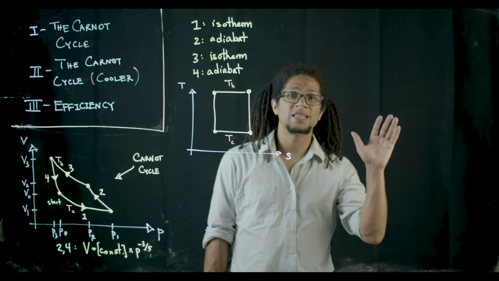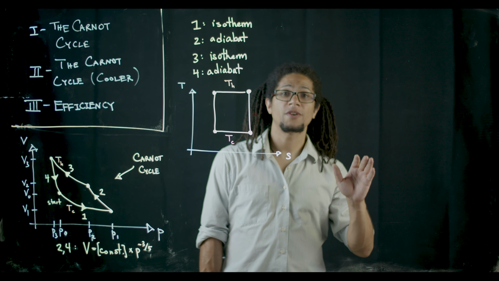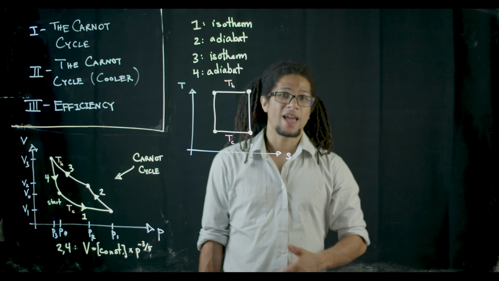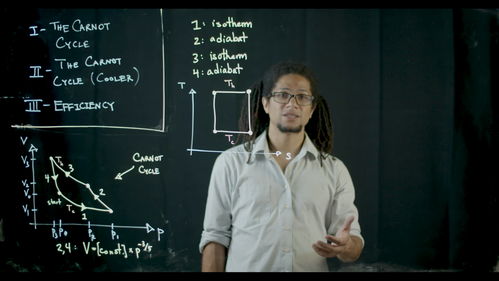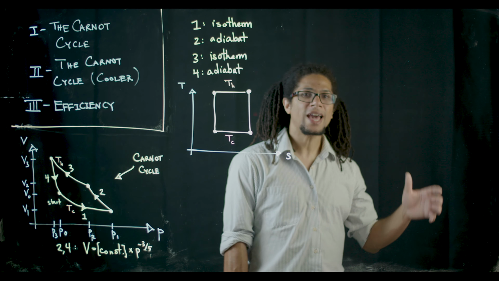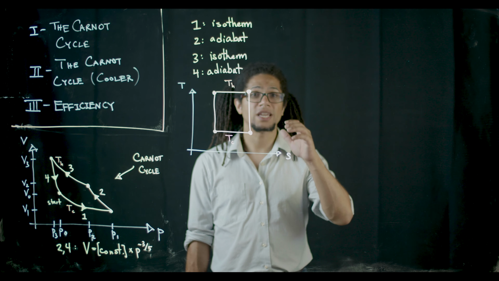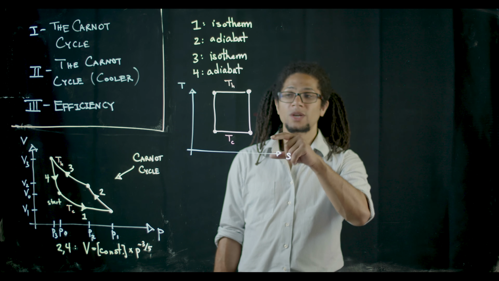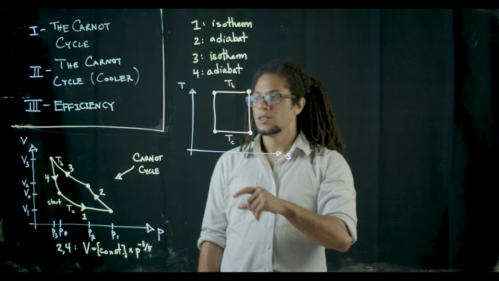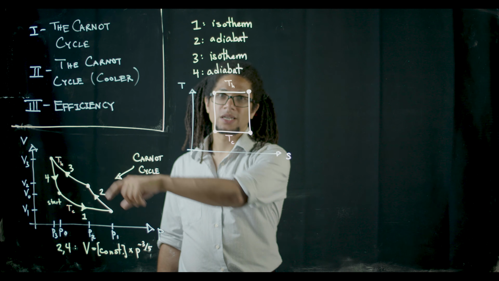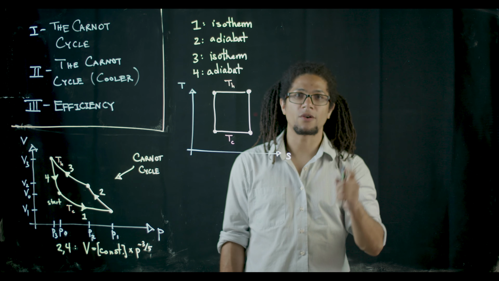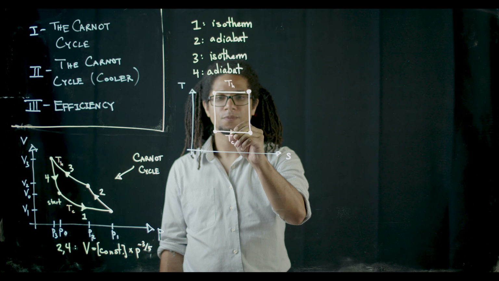But in fact, in the next video, we're going to figure out an easy way to figure out the work done in a cycle, and similarly to figure out the heat done in a cycle. And when we get there, it will actually be pretty easy to show that when we do this change of coordinates in this order, this cycle, which was counterclockwise in this picture, becomes clockwise in this picture. So keep an eye out for that in the next video.